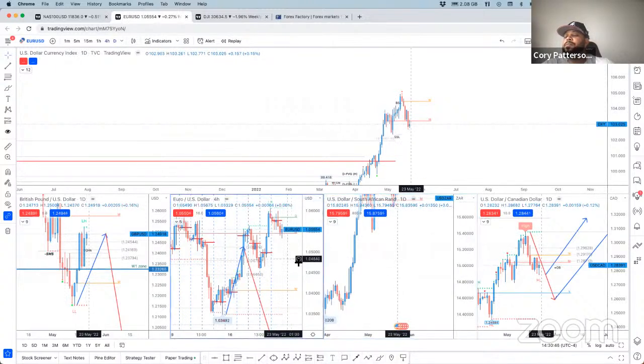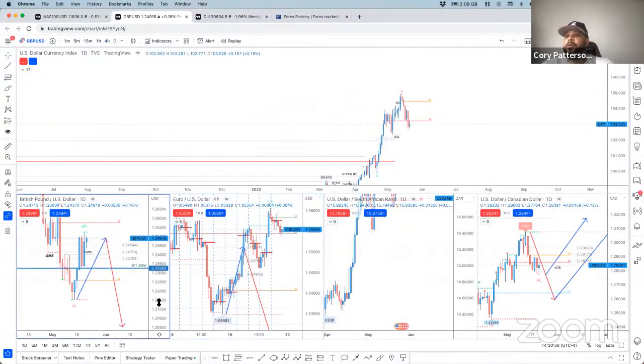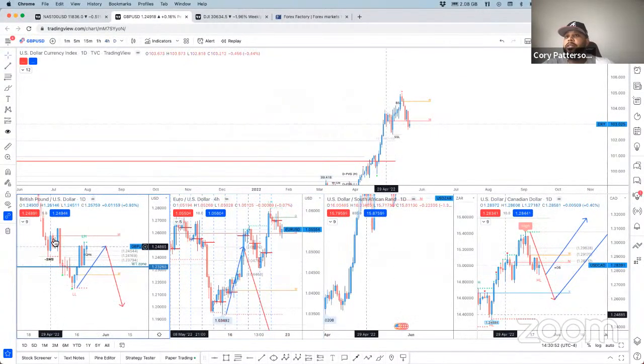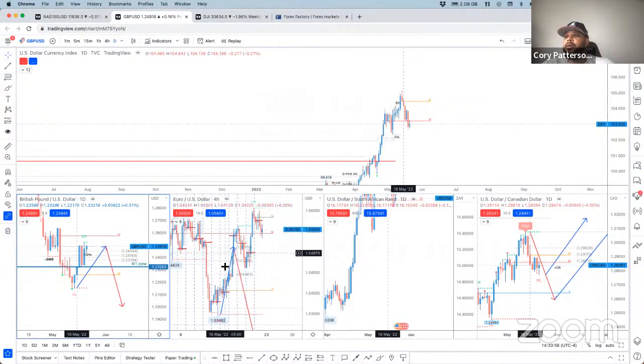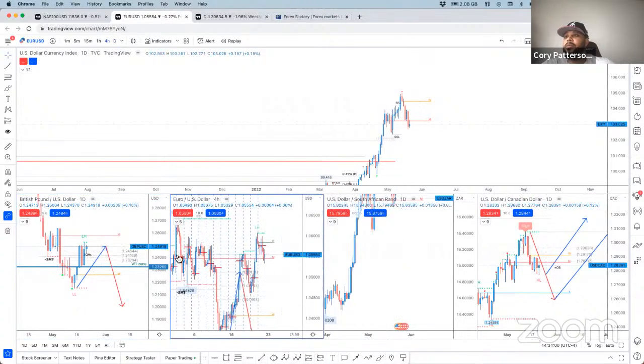Then GU and EU, both of them reached the order block here. It's an order block right here on EU. So both of them are at order blocks to the downside, bearish order blocks.